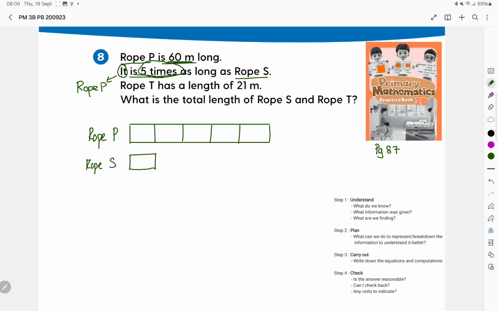Okay, so that's the meaning of 5 times. It means that for whatever that is rope S, that is 1 unit, rope P will be 5 times of it. This is the meaning of 5 times.